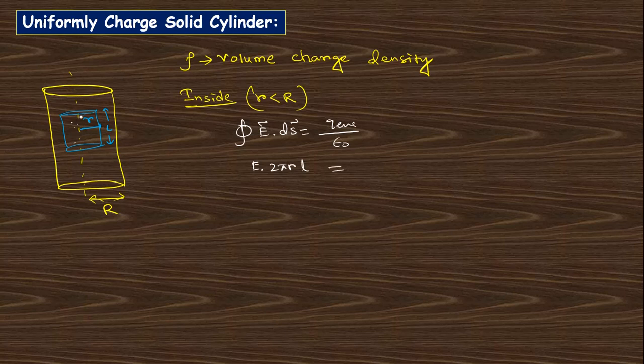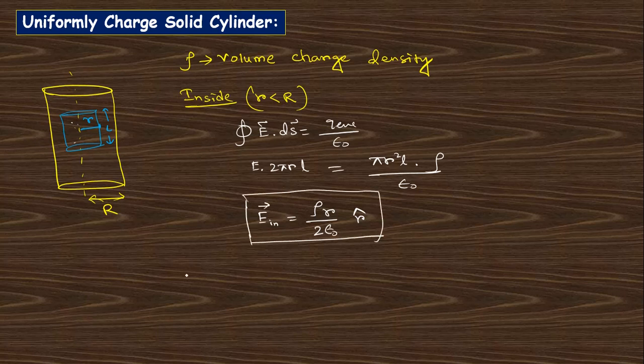For q enclosed, the volume is pi r squared L, and volume into charge density is the total charge, divided by epsilon naught. So E in is nothing but, pi cancels out, r cancels out, L cancels out, so only one r remains: rho r by 2 epsilon naught. And in vector form, there is an r cap.